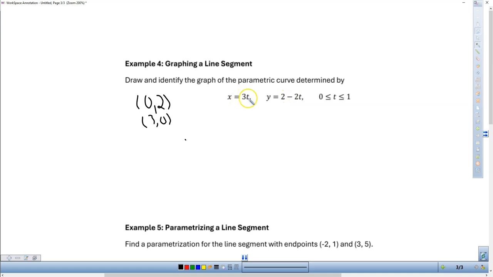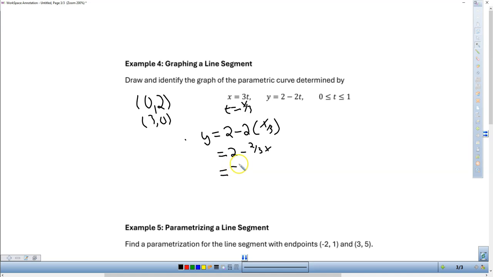If I were to rewrite that in terms of x, I know that t is equal to x over 3. So if I plug x over 3 into my y equation, y equals 2 minus 2 times x over 3, I should find that y is equal to 2 minus 2/3 x. And this is pretty easy to rewrite into slope-intercept form.